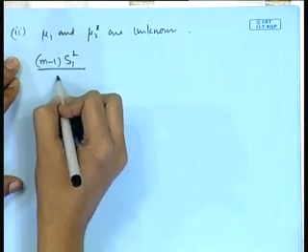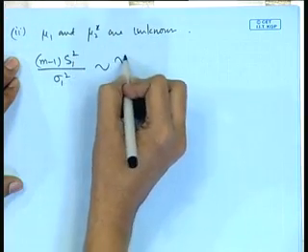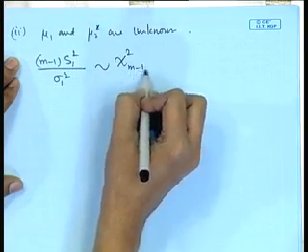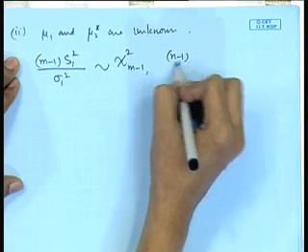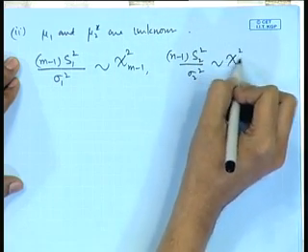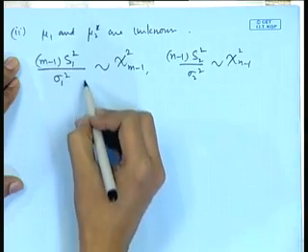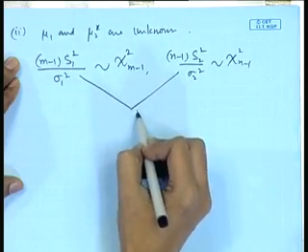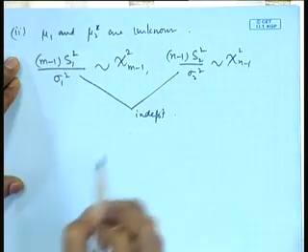So, we have (m minus 1) S 1 square by sigma 1 square follows chi square distribution on m minus 1 degrees of freedom and (n minus 1) S 2 square by sigma 2 square follows chi square distribution on n minus 1 degrees of freedom. Furthermore, these two random variables are independent.